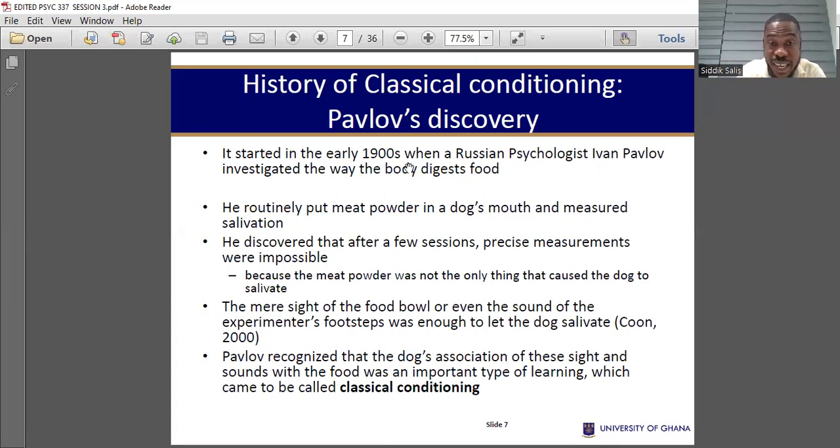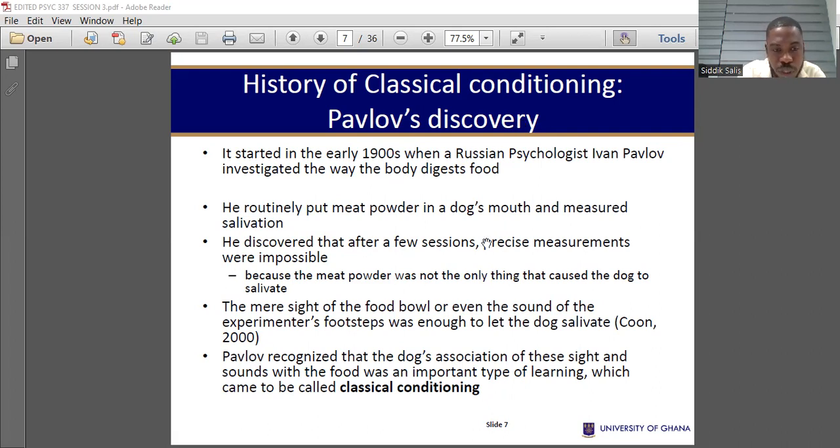So he was a physiologist. In case this appears in your objectives, do not mistakenly choose psychologist. It usually appears. So don't make that mistake. Ivan Pavlov was a physiologist, a Russian physiologist, who was investigating digestion, like I said.